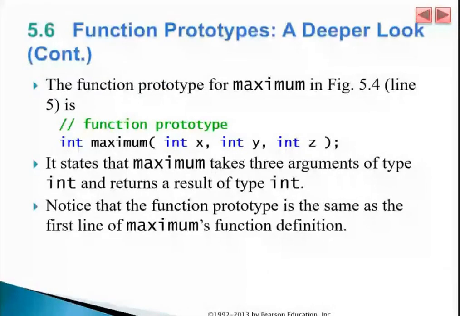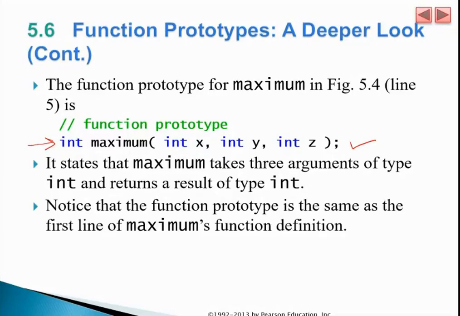For, say, if you want to find the maximum of 3 numbers, this is the function prototyping. What this particular line states is that maximum takes 3 arguments, the type of those 3 arguments is integer, and the return type is int. This is everything that the prototype would like to mention. If your function definition differs from this, then it will give you an error.